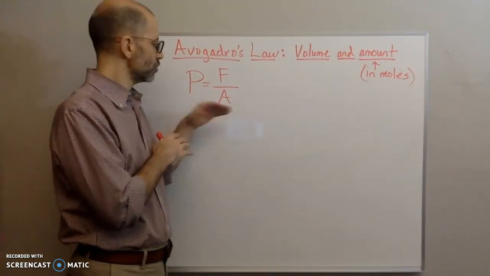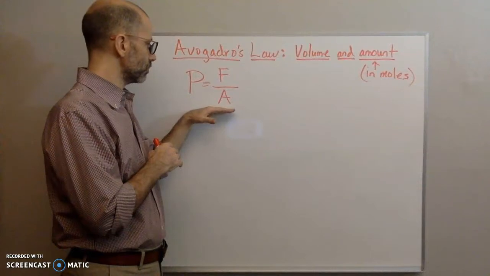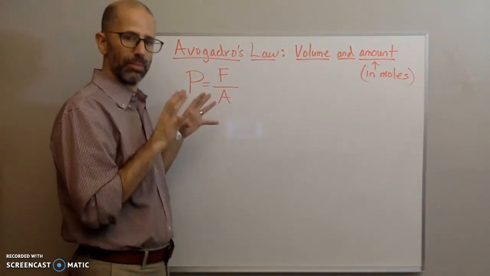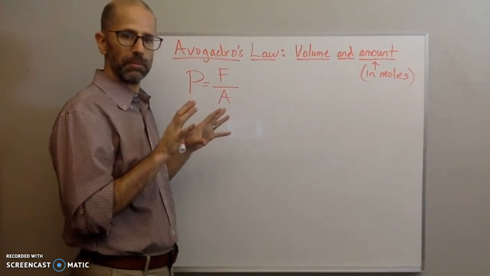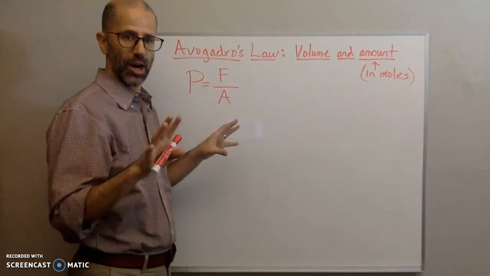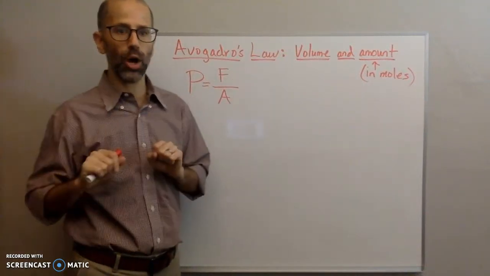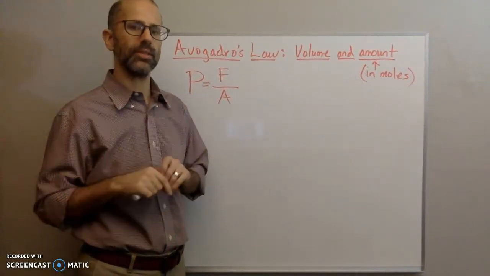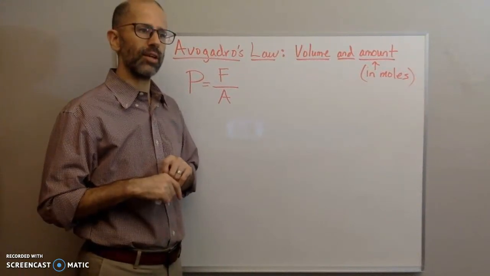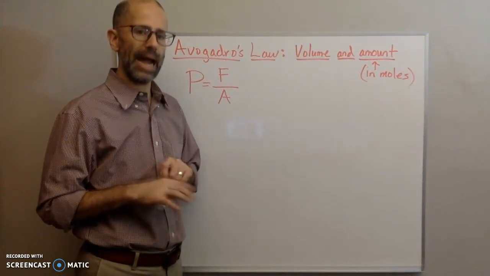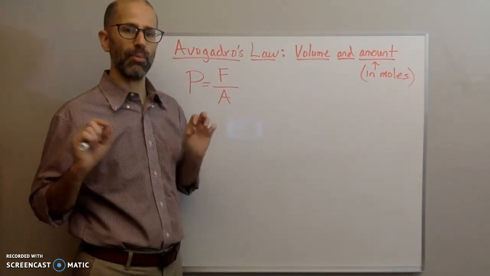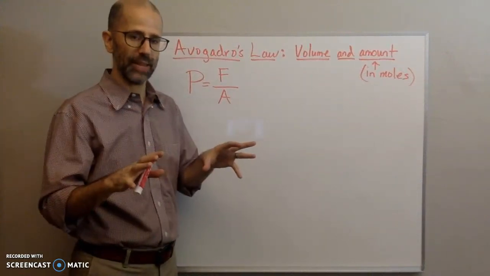So thinking about the forces of the particles and the number of particles that are hitting up against the sides of the container at one moment, what do you think is going to happen if I put more particles into the container?